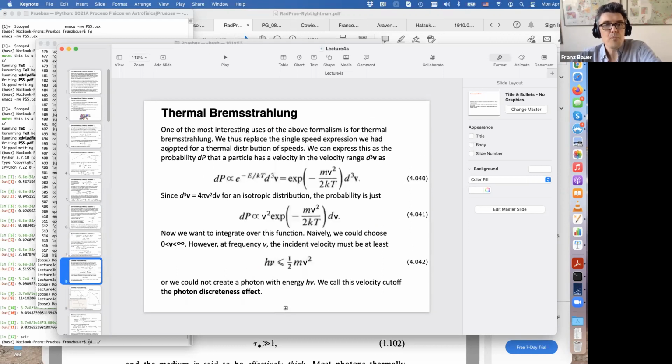So the next thing to do, this was for a single electron and a group of protons, is to integrate over some distribution of electrons. The simplest version of this is a thermal distribution, right? And this is what's known as thermal Bremsstrahlung.